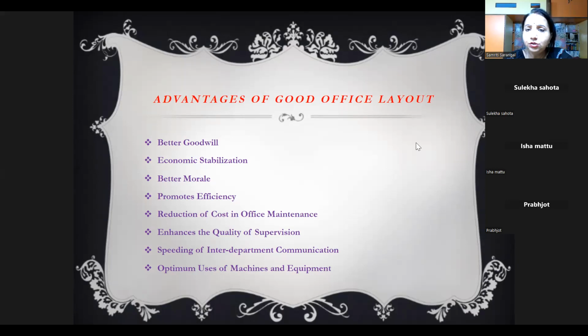So that means you need to see that whatever I am keeping in my organization, it should be properly utilized. अगर 10 machines हैं तो 10 की utilization होनी चाहिए मेरे ऑफिस में. अगर 11 चाहिए तो 11 होनी चाहिए आपके पास. So it depends upon how much you want, how much you produce, और उस प्रोडक्शन के लिए आपको कितनी चीजें चाहिए.